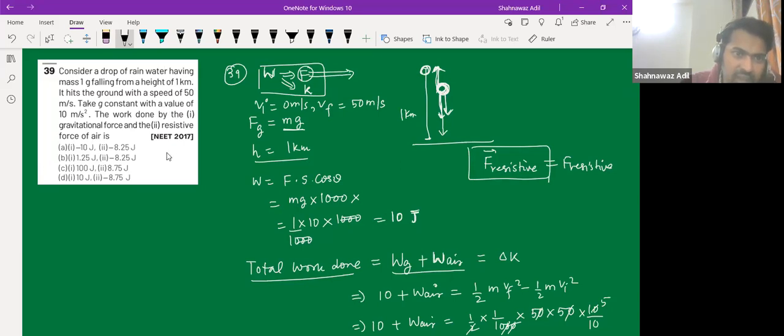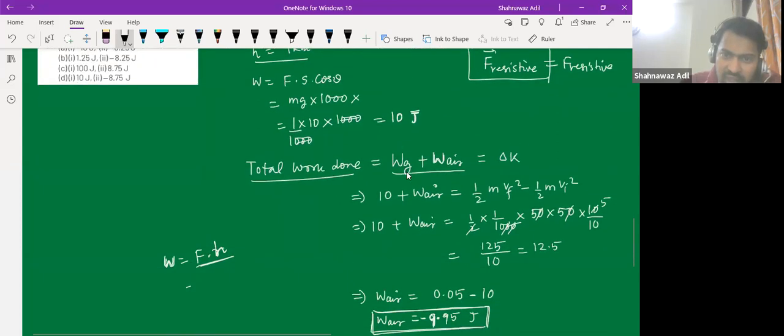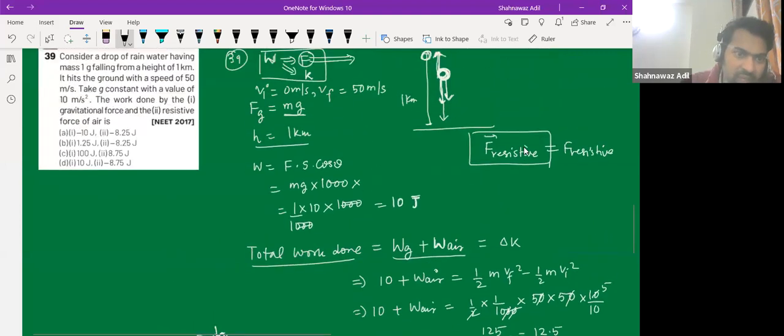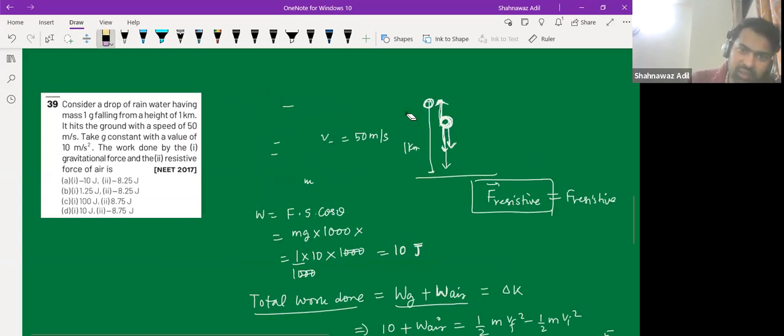And then the work done by the resistive force. There are two forces which are involved, right? One is this gravitational force, so that is 10 joule. Okay, so there is something wrong in this question. Whenever we are stuck, let us start from the beginning.